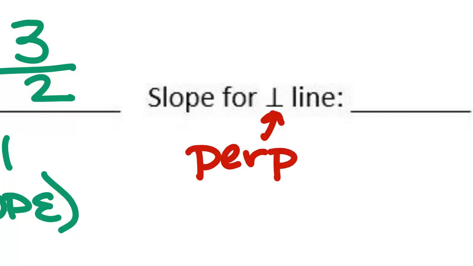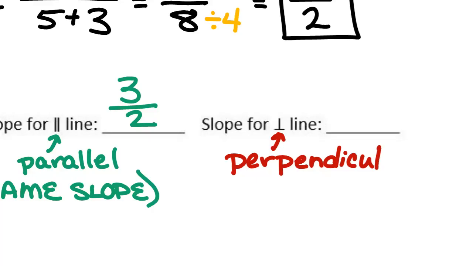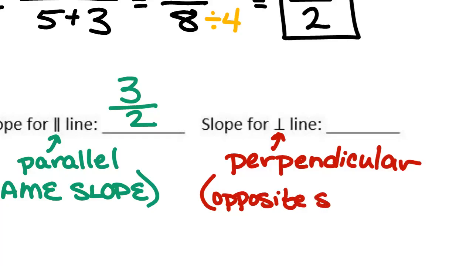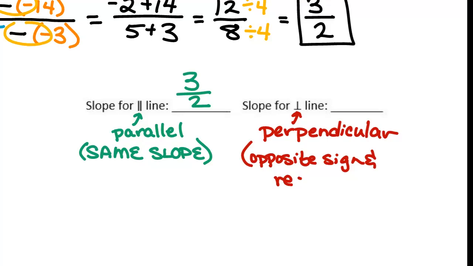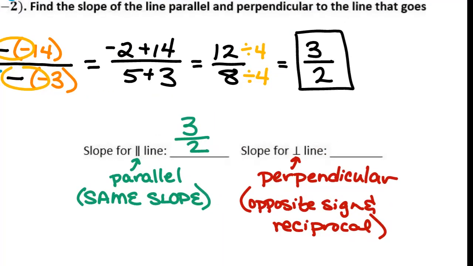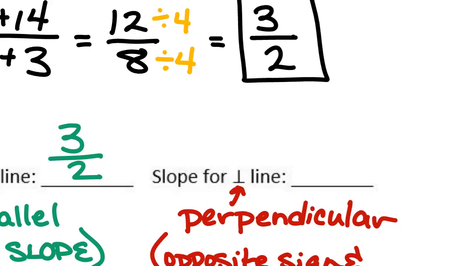Perpendicular. That means perpendicular. Perpendicular is opposite sign and reciprocal. So what will the slope for the perpendicular line be? -2/3, yes.